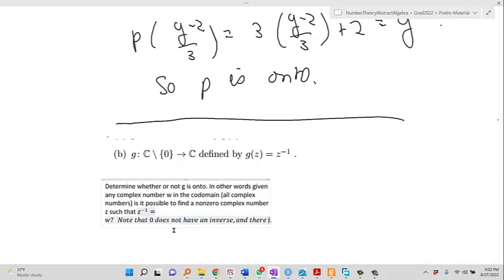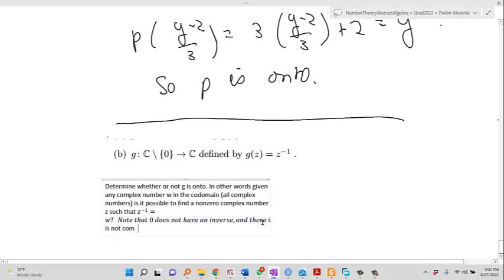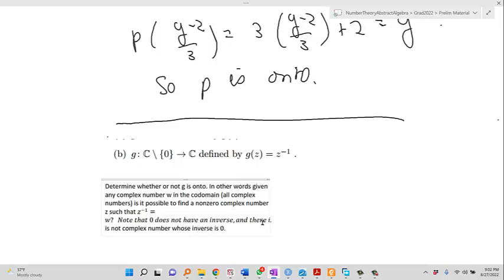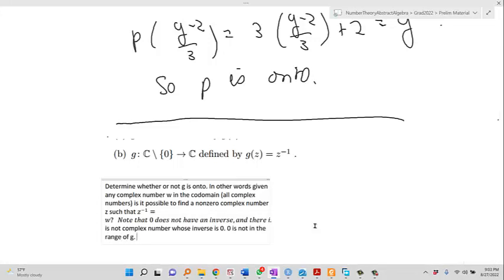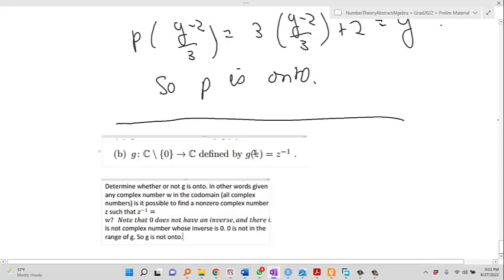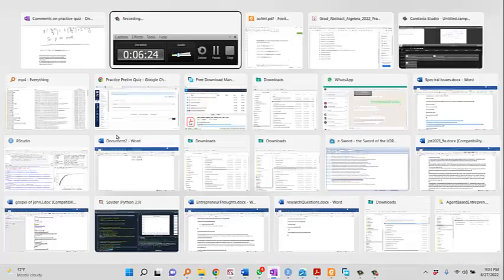There is no complex number whose inverse is 0, so that means that 0 is not in the range of G. So G is not onto, because there's no way to find a z such that G of z equals 0.